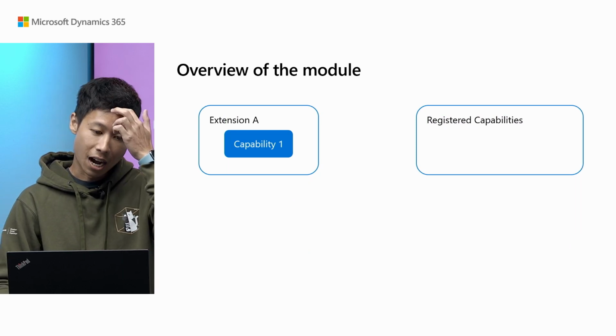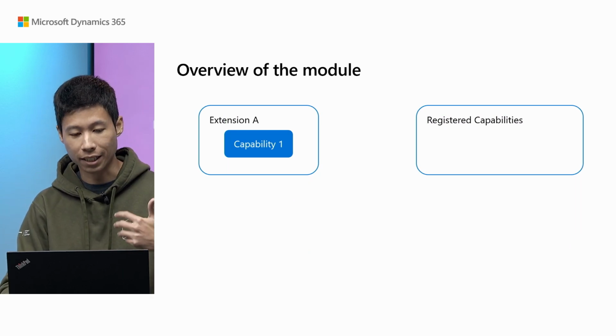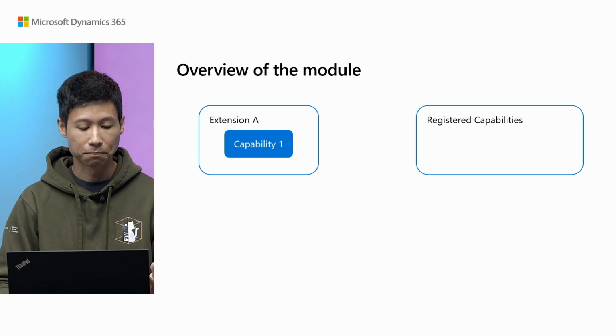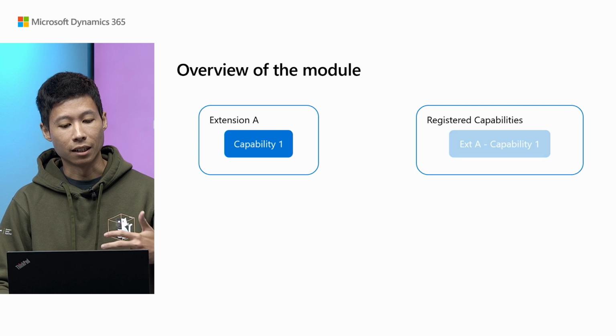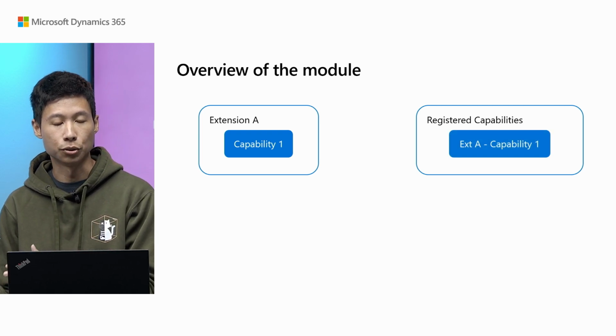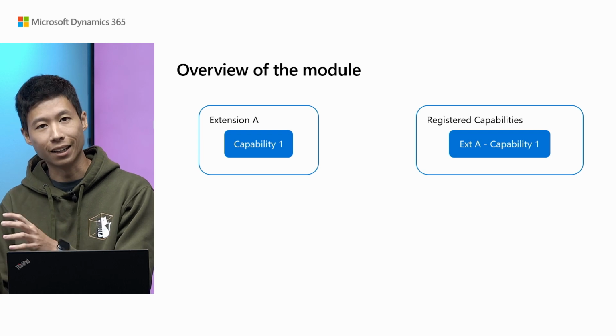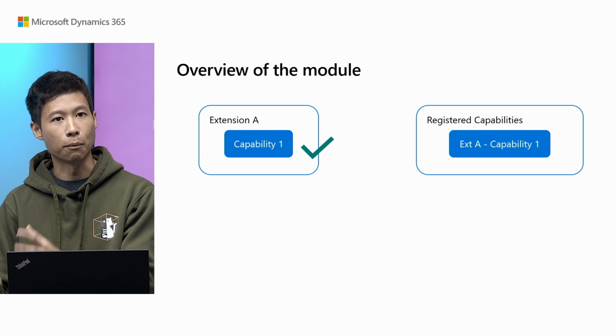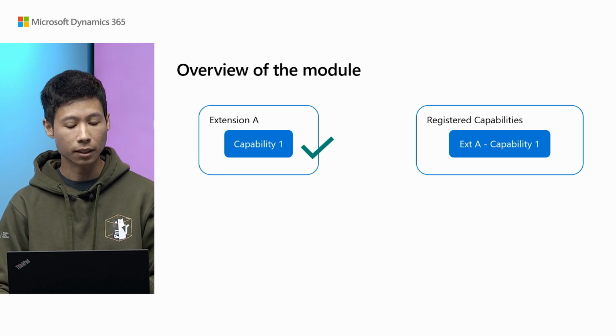So for example here, I have extension A that has extended the enum to add capability 1. So in this case now, extension A registers capability 1 into the Copilot capabilities, and then does its generation and whatnot. This is all great.